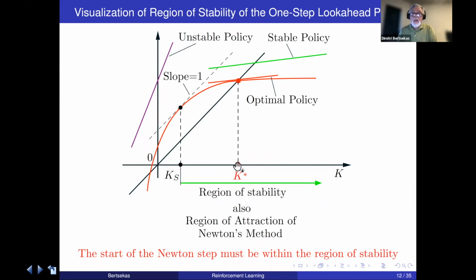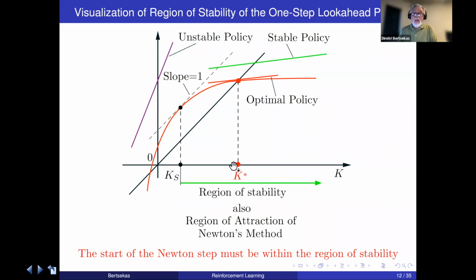If we start with a K tilde, an approximation that's close to K star, to the right or to the left, then we're going to get a one-step look-ahead policy that's close to optimal, but in any case, it is stable, in the sense that the optimal policy is stable, has a slope less than 45 degrees, so other policies also have slopes less than 45 degrees, as long as the cost function is near the optimal.